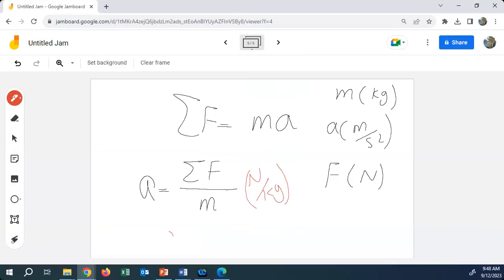So acceleration has two units, meter per second squared or Newton per kilogram, based on this formula. Okay? Any question about this Newton's second law? We will provide more examples in the PowerPoint.